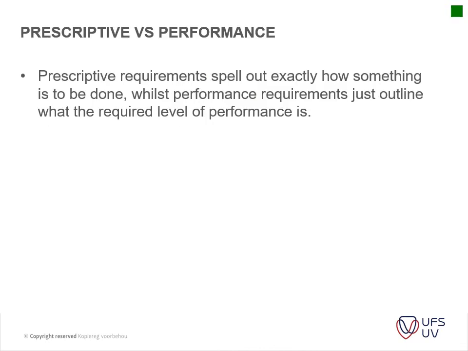Okay, so this brings us to prescriptive versus performance specifications. Prescriptive requirements usually spell out exactly how something is to be done, whilst performance requirements just give an outline of the general requirements and the level of performance, and really leave a lot to the designer, or for instance a design and build contractor, to do a specific design and installation.